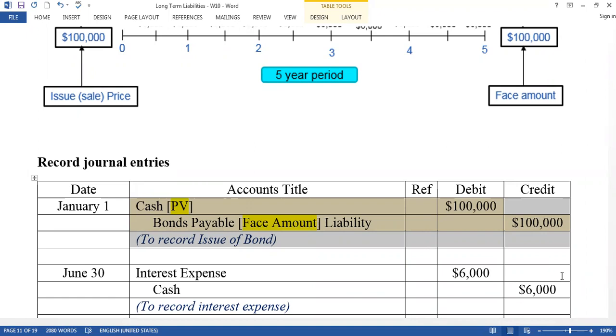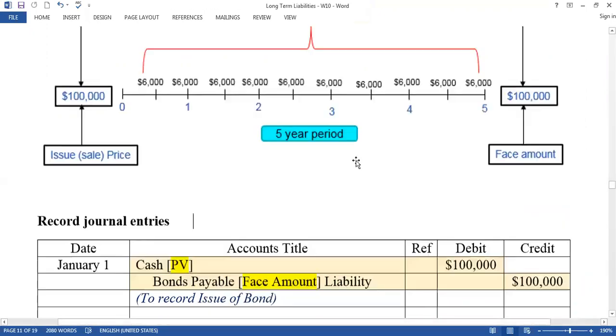You sell a piece of bond, a piece of paper, and you receive 100,000 US dollars. It is good that you receive some cash today. You can use this money to do your business, right? But don't be too happy, because you are liable to pay this money. So as you are liable to pay this money, you have to record a liability.